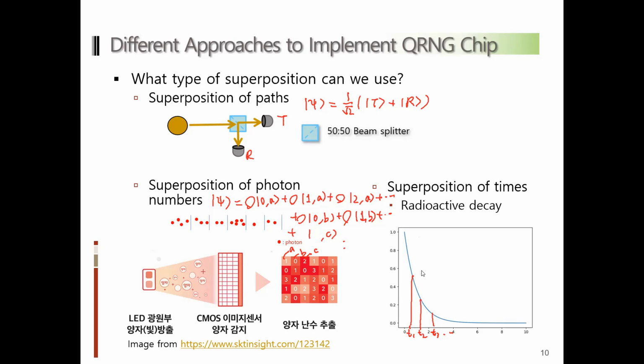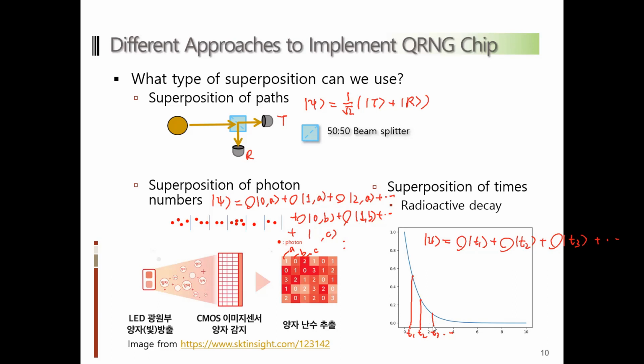In principle, we can write the quantum state of such an atom, or the nucleus, as the T1 decay case, a T2 decay case, a T3 decay case, and so forth. Of course the coefficients in front of these will be different values, but this kind of decay process can also be considered as a superposition of many different possibilities.